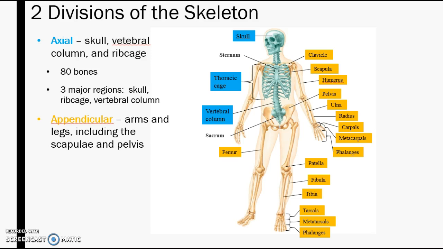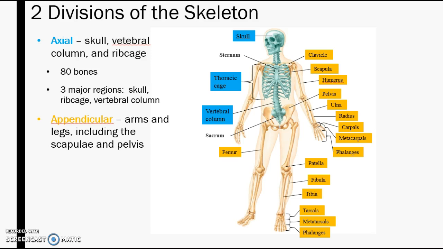Here's a diagram showing the two divisions of the skeleton, so you can see that the skull, thoracic cage, and vertebral column are all going to make up the axial skeleton. And then the clavicle, scapula, and then arm bones, hand bones, and then the pelvis, as well as all of the leg bones and foot bones are part of the appendicular skeleton.